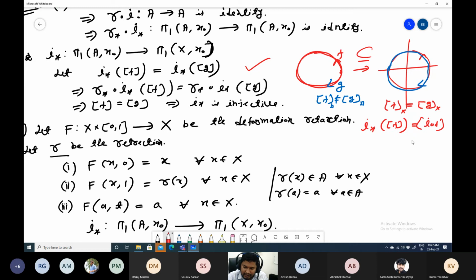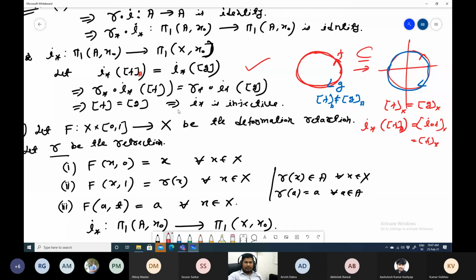So this is your X A, and this is your X. You are correct that if we use different notation, then it will be fine. So I will change the notation here: here I will write A, and here I will write the other one, that is X. Then that will be fine.